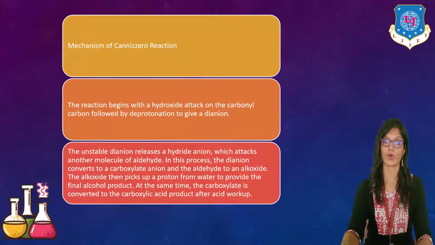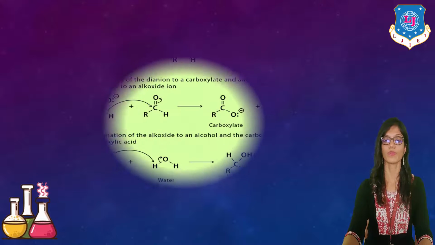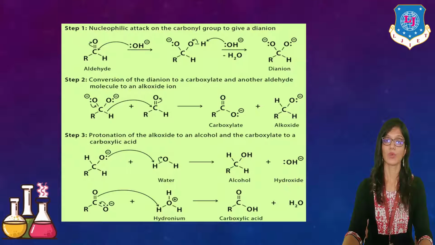This alkoxide then picks up a proton from water to provide the final alcohol product. At the same time, the carboxylate is converted to the carboxylic acid product after the acid workup. In general, we have to understand that oxidation and reduction play a very important role. Okay, let's see how it goes.